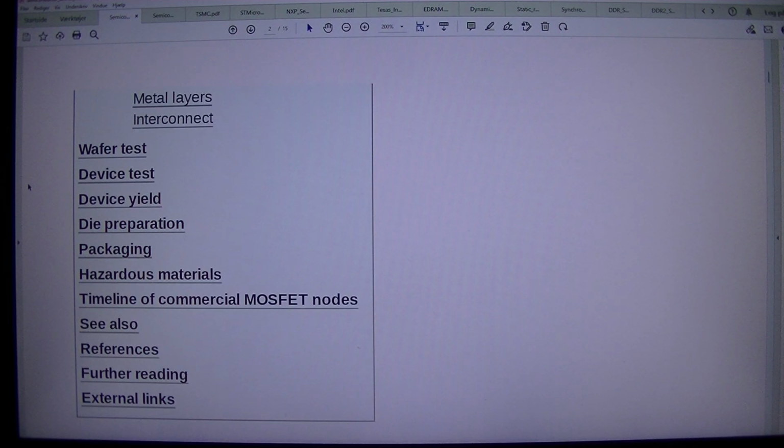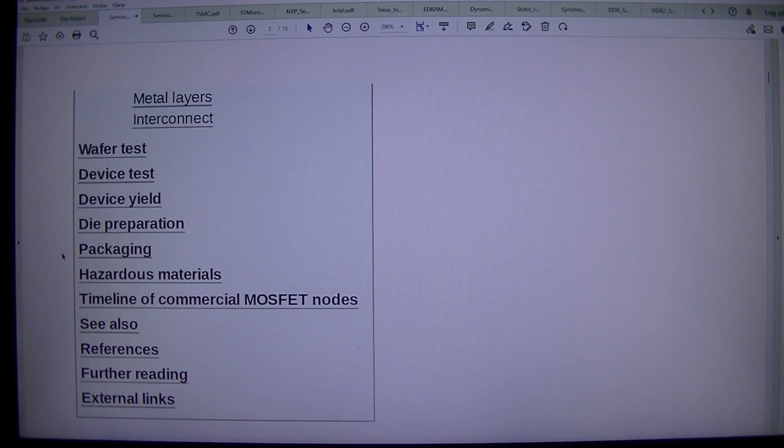Metal layers. Interconnect. Wafer test. Device test. Device yield. Die preparation. Packaging. Hazardous materials. Timeline of commercial MOSFET nodes. See also. References. Further reading.